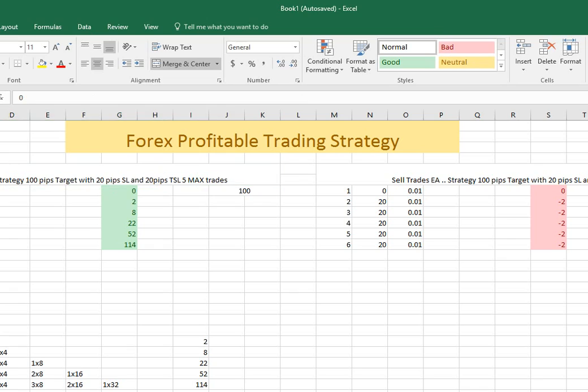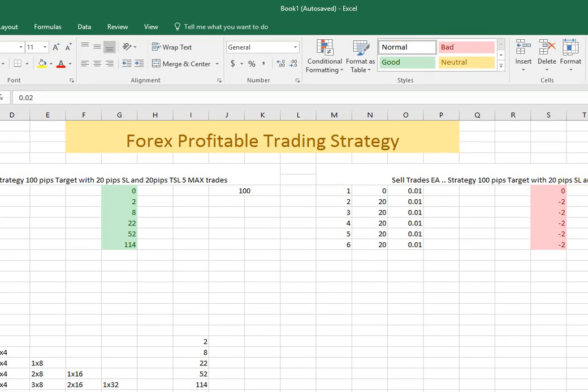When you have placed your first trade of 0.01, we are discussing the best case scenario in this particular example. If the market goes in our favor by 20 pips, the EA or you should place another buy trade with 0.02 lots.